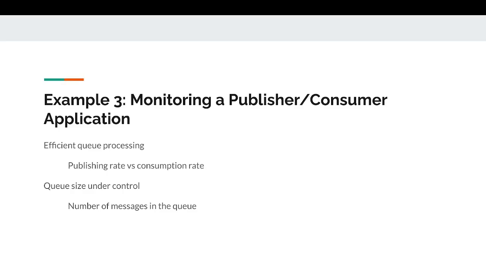Whether the size of the queue is under control. For example, you have defined the number of messages which should be processed, let's say, within 15 minutes, and it's not processed. This means that something is broken in the system. So this could be a health indicator. I believe these examples already help you in understanding how to define a good metric.